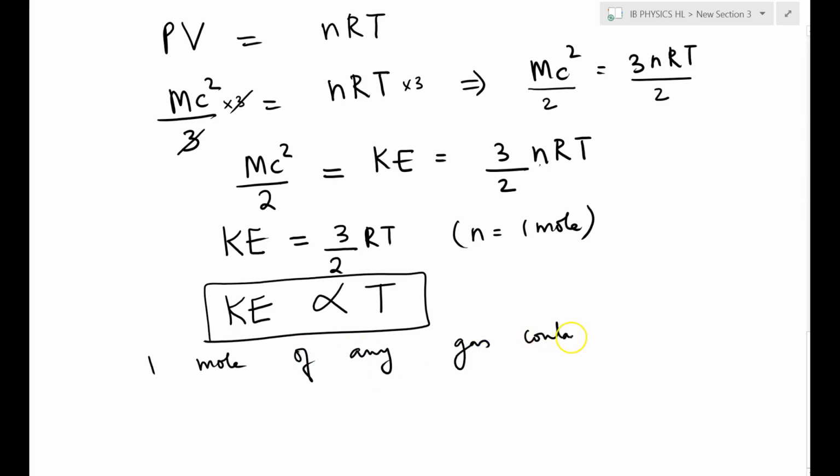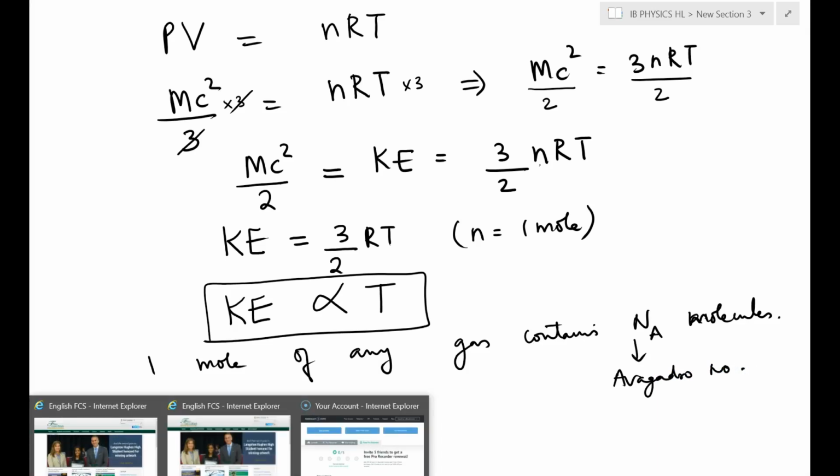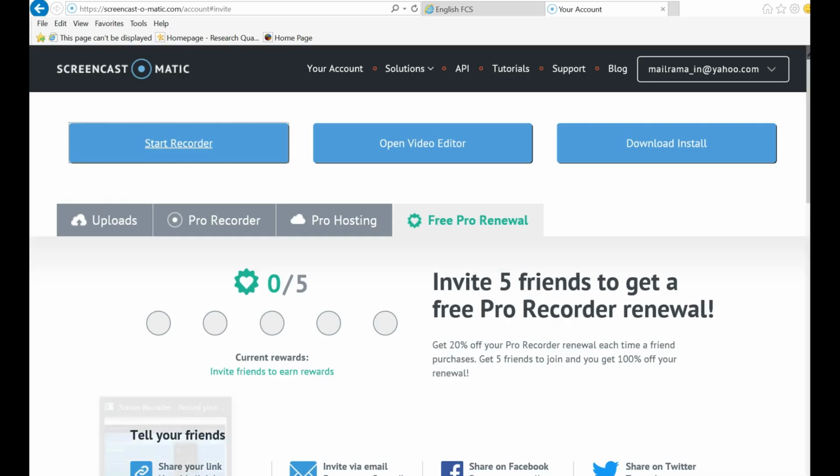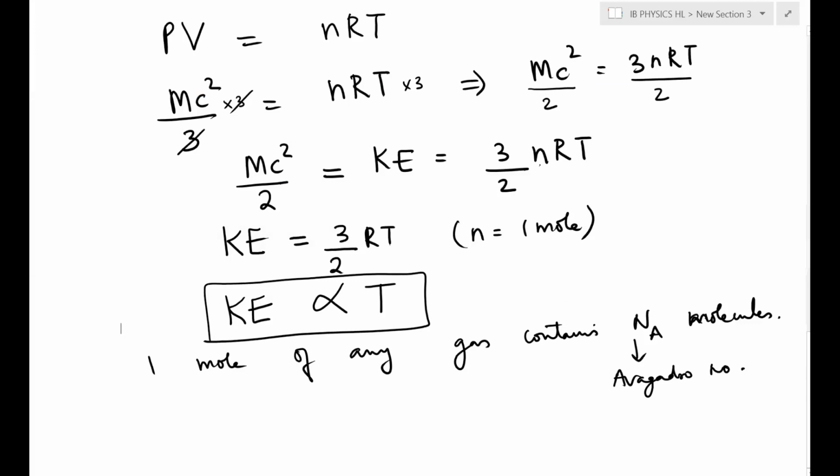contains Avogadro number of molecules, which we will represent as N A, where this is the Avogadro number. So that means if I want the kinetic energy of a single molecule, I need to just divide this by the Avogadro number.